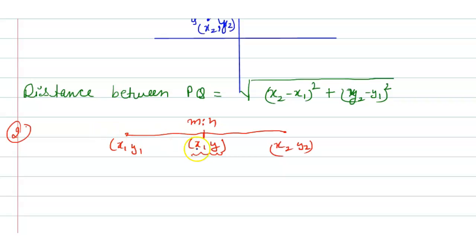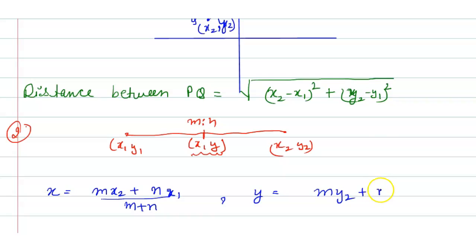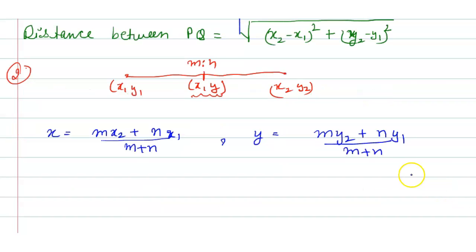So here the formula of x is equal to m into x2 plus n into x1 upon m plus n, and y is equal to m into y2 plus n into y1 upon m plus n. This is for finding the point.